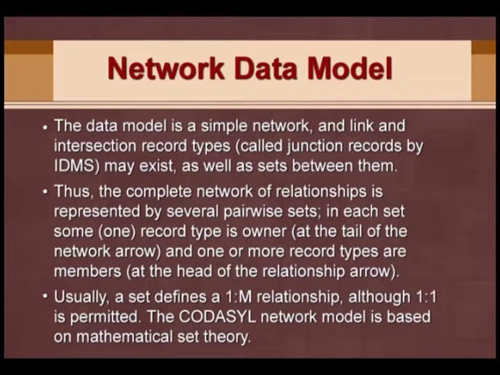Usually a set defines a one to many relationship, although a one to one relationship is permitted. This is completely based upon the network model, and mathematical set theory was adopted here.